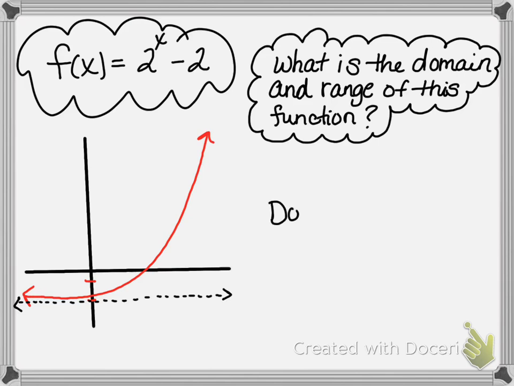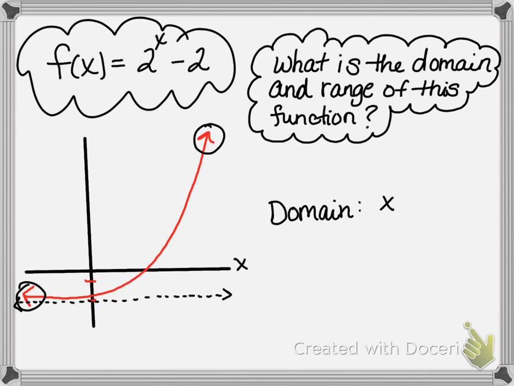Okay, let's look at domain. So the domain is how wide is it? Domain is my x. What is x doing? Well, here's my x-axis. I'm noticing an arrow going forever to the right and an arrow going forever to the left. There is absolutely no boundaries. If I were to put this in my calculator and go to second table and then scroll up the x values, there would be no x value that I don't equal.